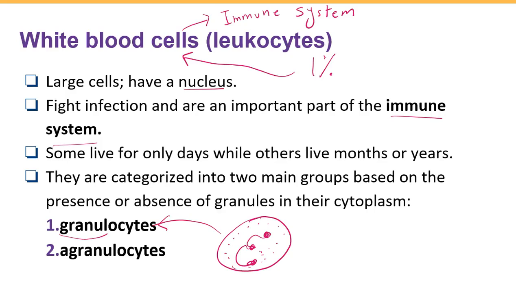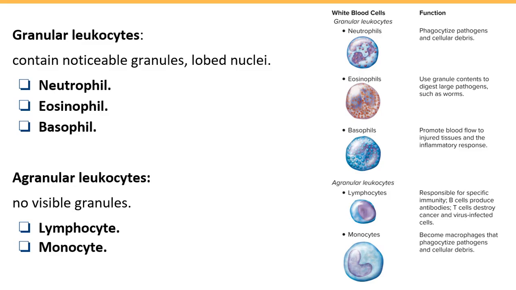We also have white blood cells that do not have any visible granules in their cytoplasm, and they belong to the agranulocytes, as A means no or without. So we have the granulocyte and agranulocyte categories of white blood cells, and each of these categories can be divided into subgroups.